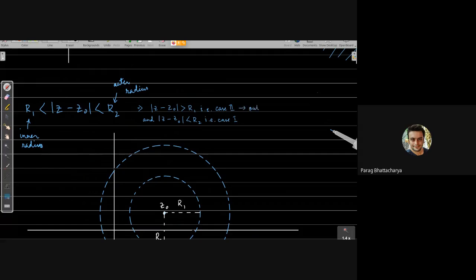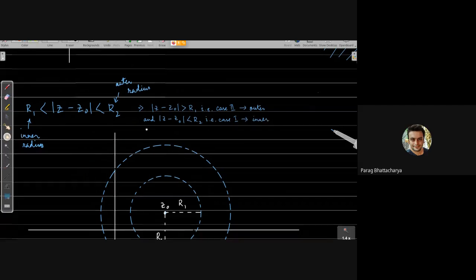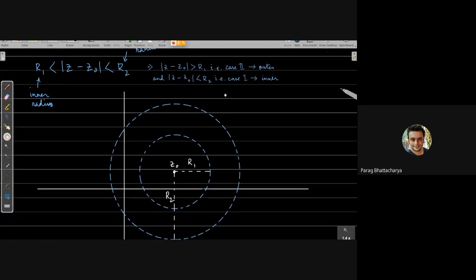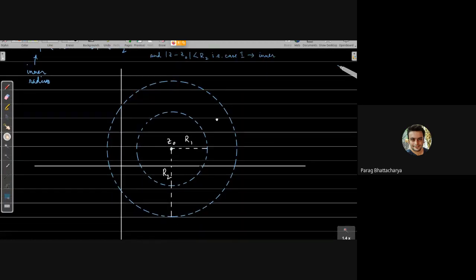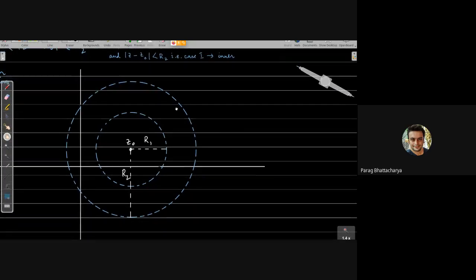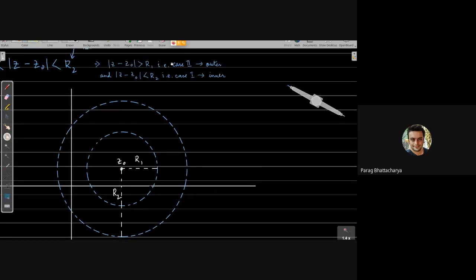So essentially what we're looking for are points which are outside R1 but which are inside R2. These are the points that we are looking for.